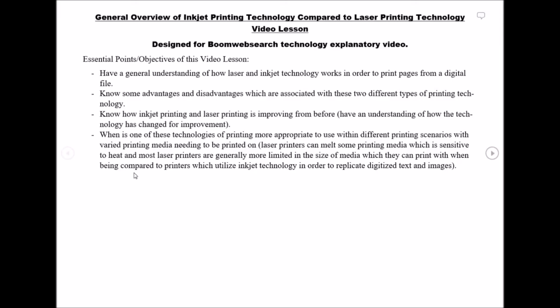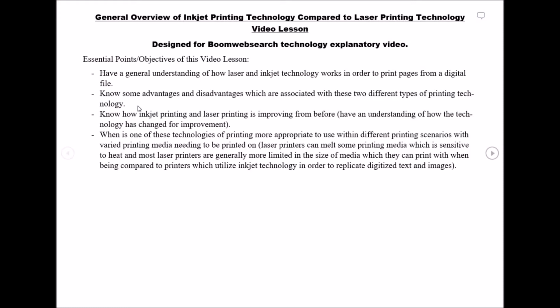Okay, so within this video lesson, we have a few essential points and objectives which we want to cover. The first one is to have a general understanding of how laser and inkjet technology works in order to print pages from a digital file. The second one is to know disadvantages and advantages related to both of these printing technology types.